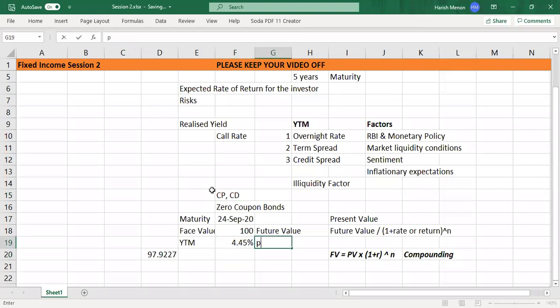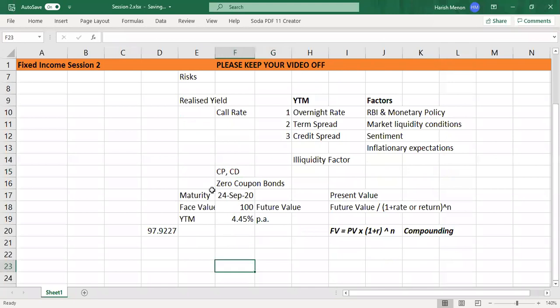This is always per annum. Every time yield is per annum. So what is the calculation of the price? Price is nothing but discounting. So we say future value divided by 1 plus R, which is the rate of return that you are expecting from this particular bond, but this is per annum, times certain number of days.